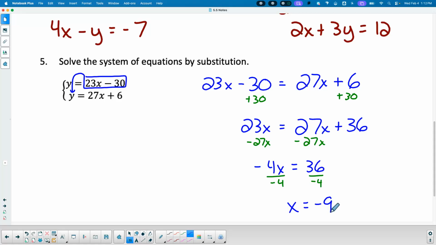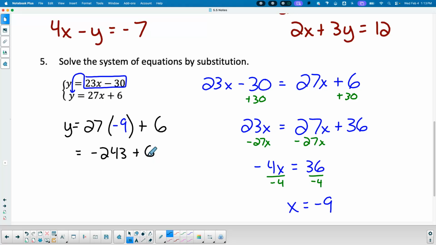So then if x is negative 9, I can plug that in to y equals 27 times negative 9 plus 6. 27 times negative 9 is negative 243. Plus 6 is negative 237.